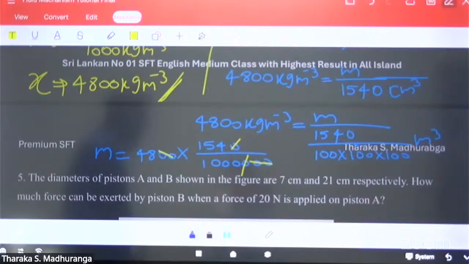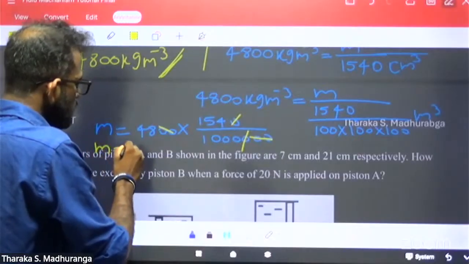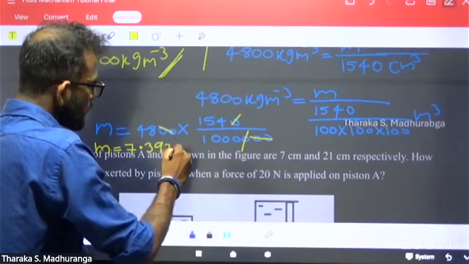Adisha, what's the answer? 7.392, correct. The mass equals 7.392 kilogram.